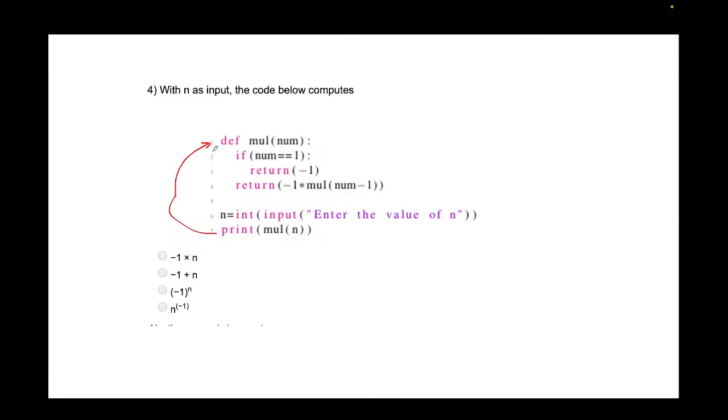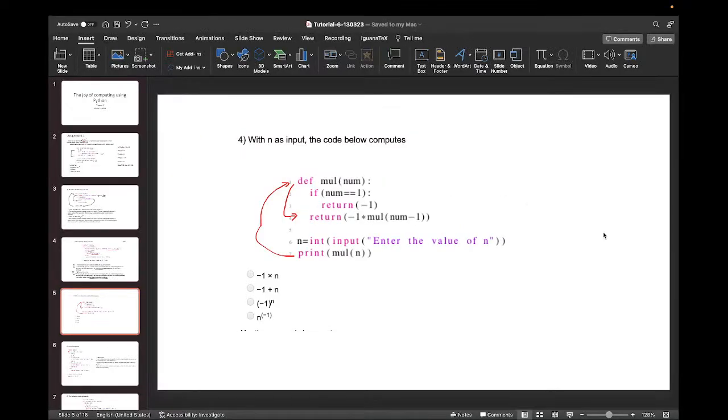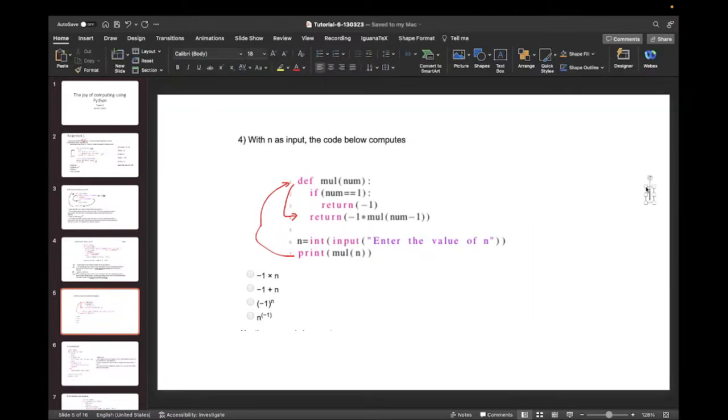So from here it will go to line 4. What it returns is -1 times mul of 2.